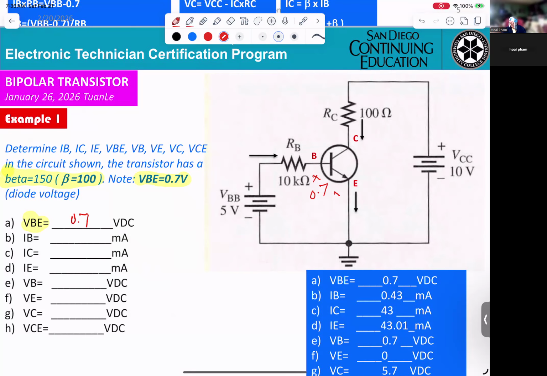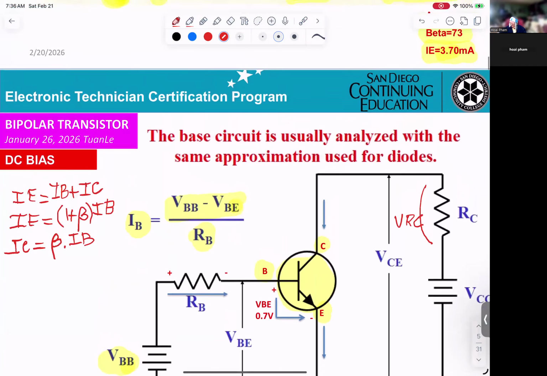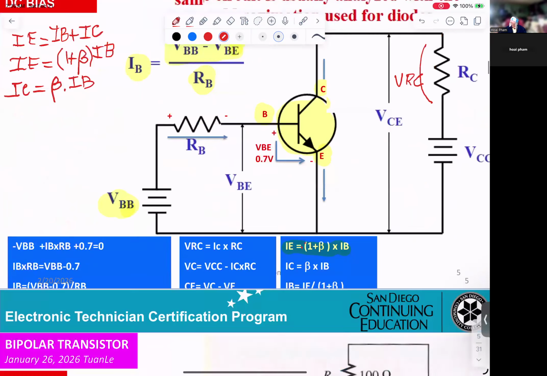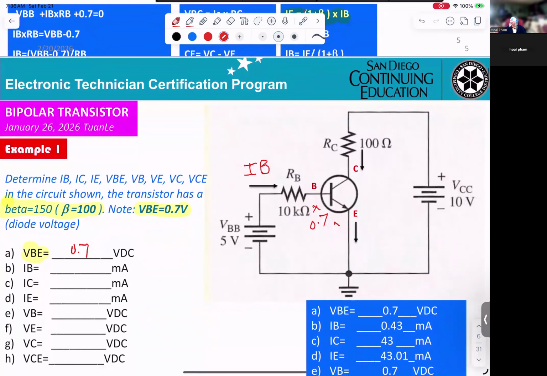Okay, and now they want to calculate the current IB. And you already know IB equal VBB minus VBE divided by RB. Okay, so you can calculate that IB.